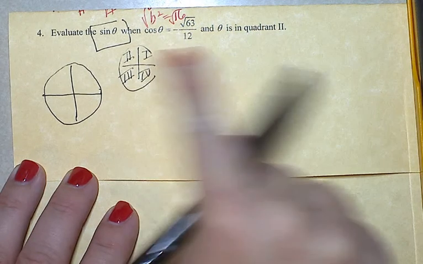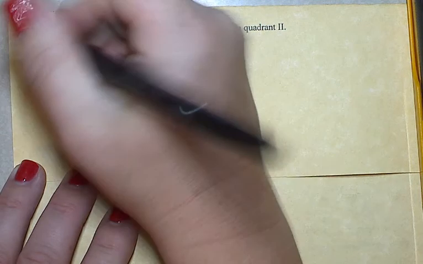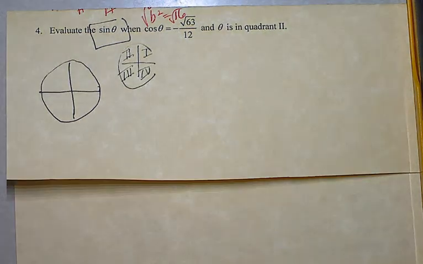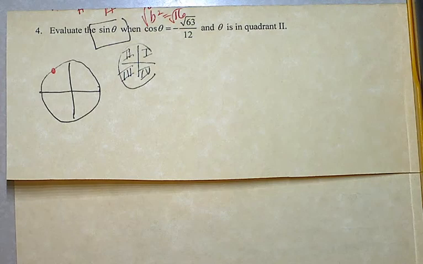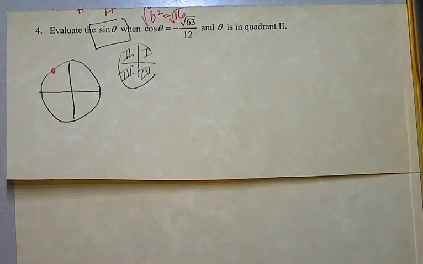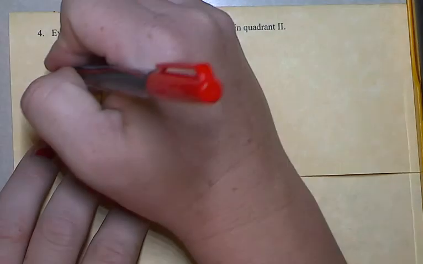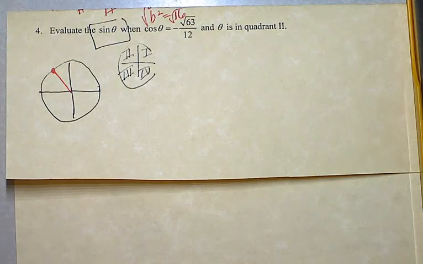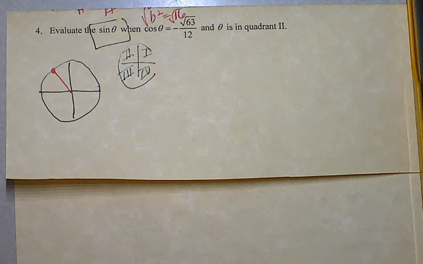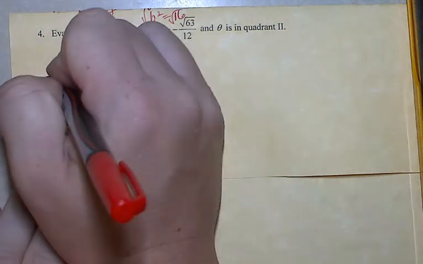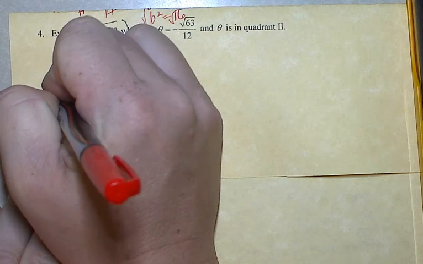So look to quadrant 2, and we're going to make a dot somewhere in quadrant 2 along the unit circle. Doesn't matter exactly where that dot occurs. Go straight back to the origin. Now from that dot, we always go to the x-axis, never to the y. When you go down to the x-axis, you're making a 90-degree angle.